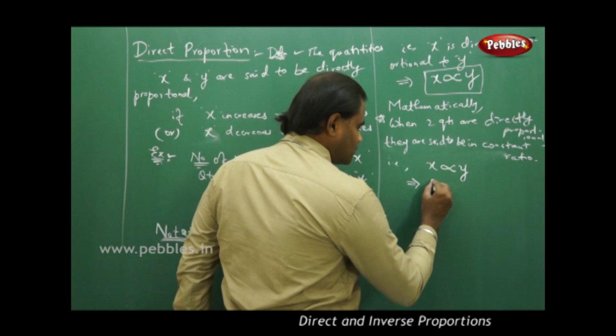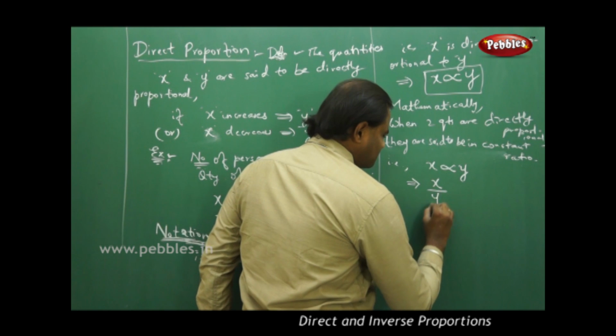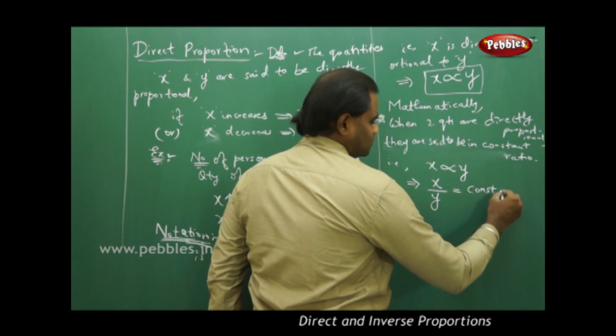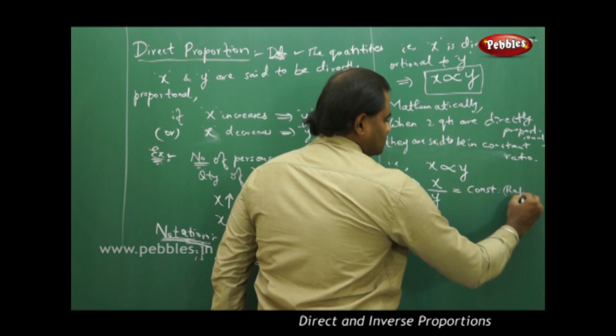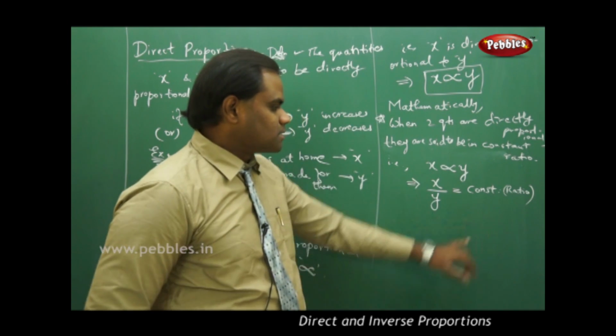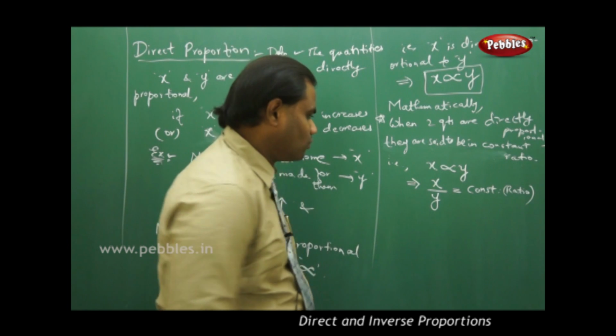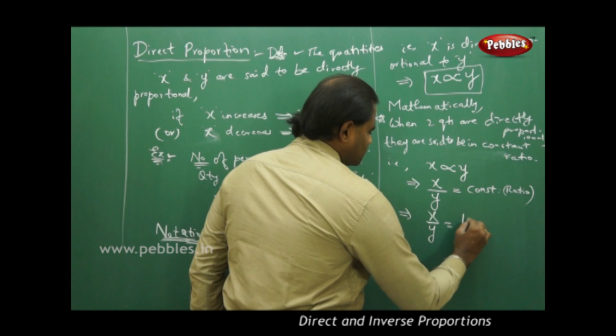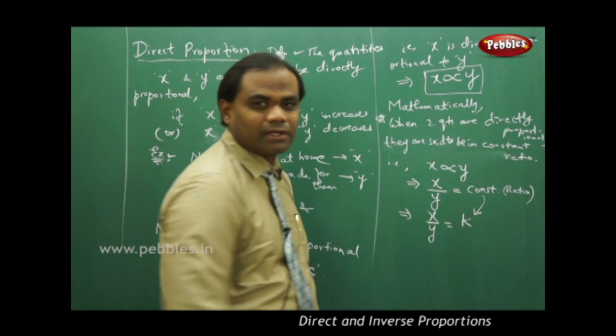So when I take the quantities in ratio, that implies x by y must be a constant ratio. So this must be a constant ratio. Therefore, when I say this is a constant ratio, let me call that constant ratio as, say, some constant k.